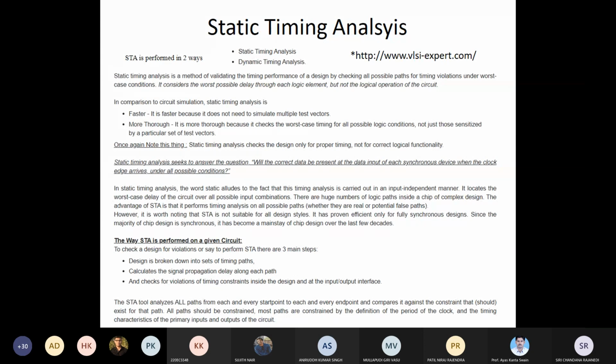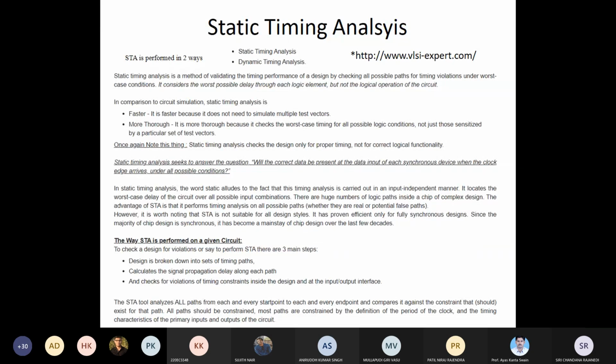That means you just have to verify that if there is a positive edge triggered clock, when the clock arrives, whether your data is there or not. If it is there, then it is not violating your timing analysis. That is what we do here.